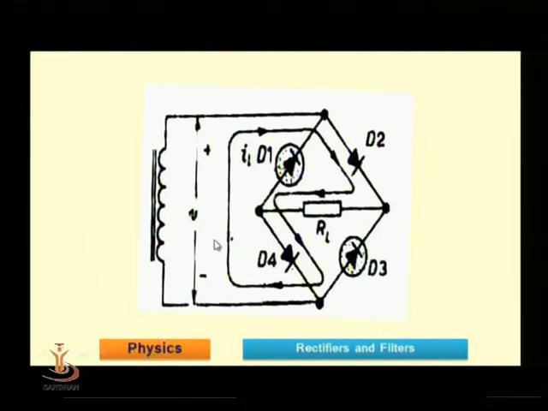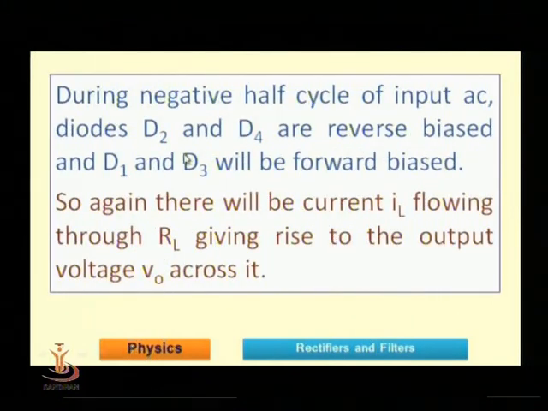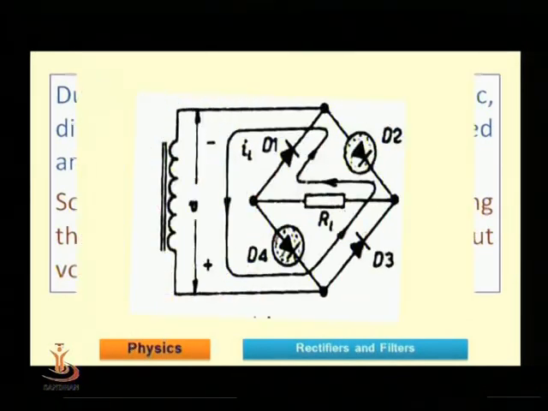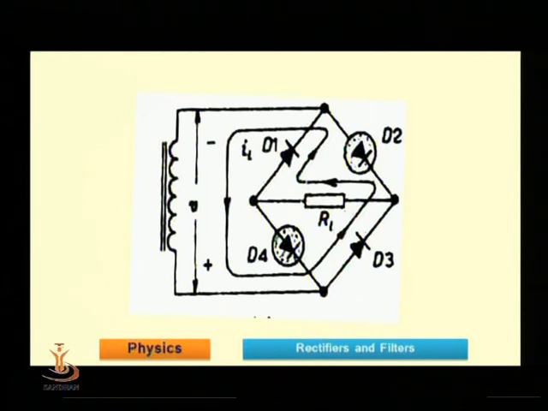This is the configuration when our AC mains is applied in a positive mode. During the negative half cycle of the AC, D2 and D4 are reverse biased, D1 and D3 are conducting. So again there will be current IL flowing through the RL, giving rise to the output voltage V0 across it. You try to see in our first picture D2 and D4 were conducting. Now this one is the negative pulse we are applying.